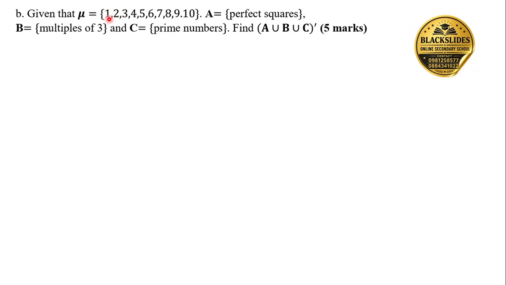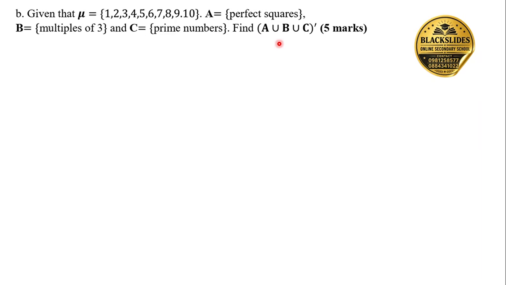So given that the universal set contains 1, 2, 3, 4, 5, 6, 7, 8, 9, up to 10, and also given that A represents numbers that are perfect squares, while B represents a set of numbers that are multiples of 3, and then C represents numbers that are prime numbers.